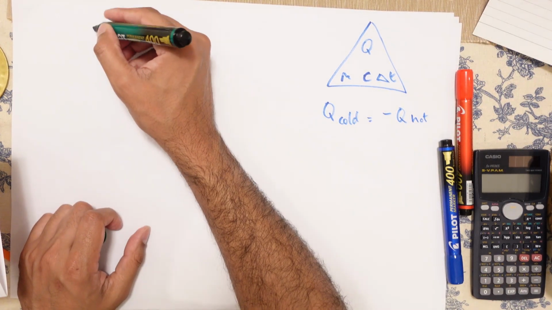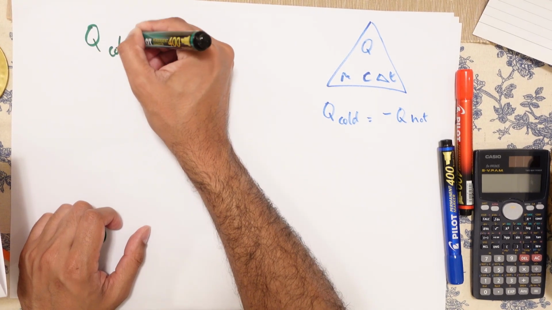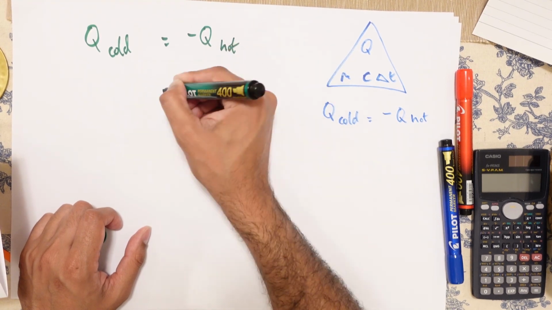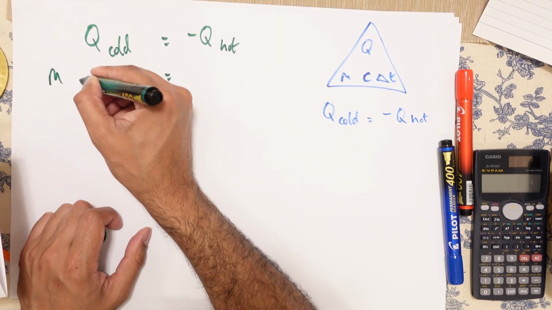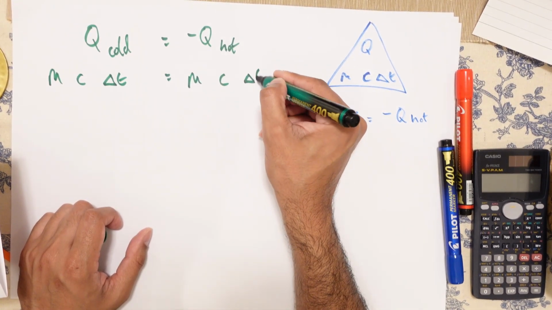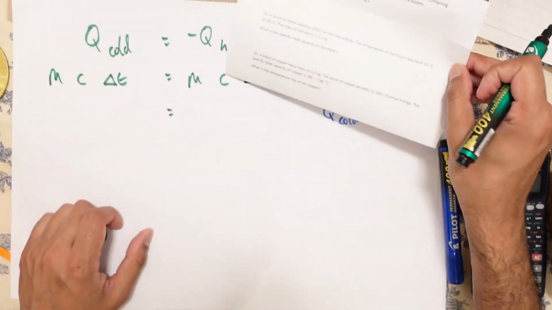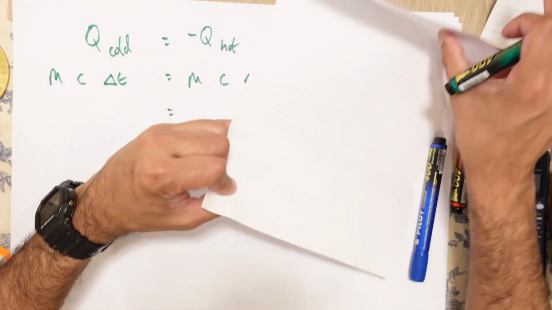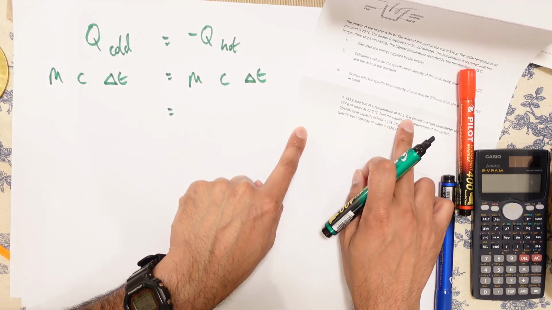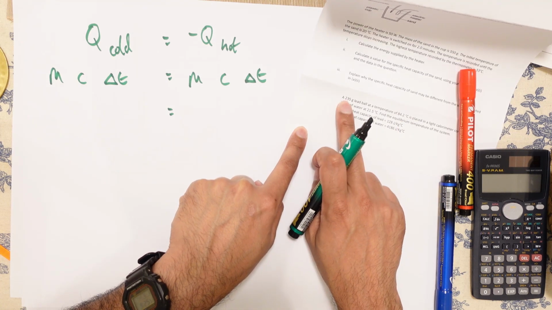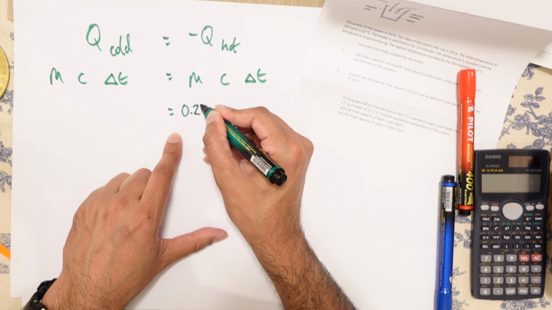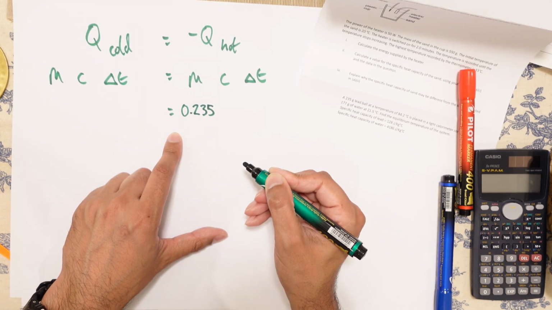So let's put all of the stuff in here and see if we can work this out. Q cold, this is for the water, equals minus Q hot. And then this is mc delta T for the water and mc delta T for the lead. Okay, so let's see if we can figure out what all of these things are. First of all, we've got to convert everything into kg. So for the lead, 235 grams becomes 0.235 kilograms.